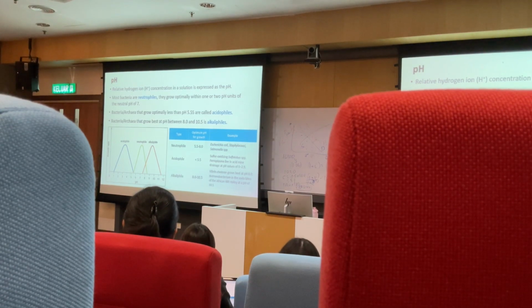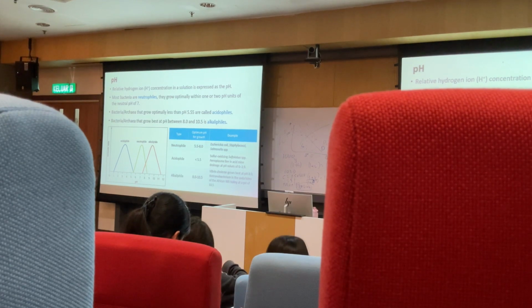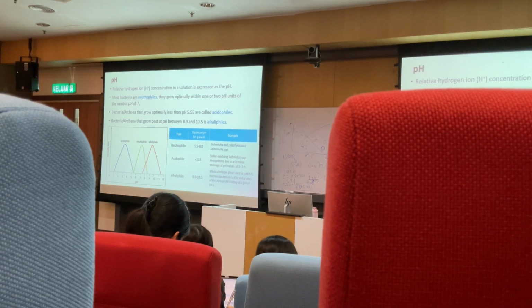So the pH is also important because the environment can be acidic or alkaline, especially when we talk about food. Bacteria like to grow in food, which has a lot of nutrients they can take. Therefore, pH is rather important for certain types of bacteria.